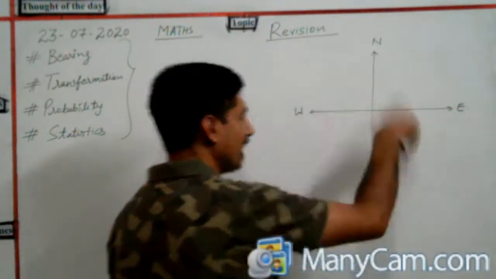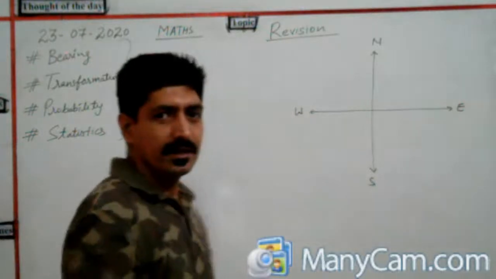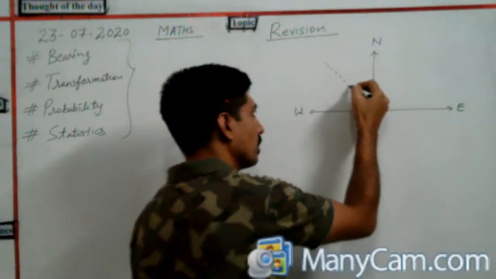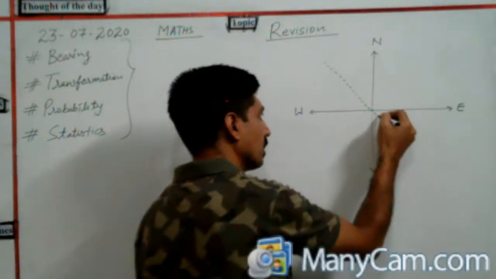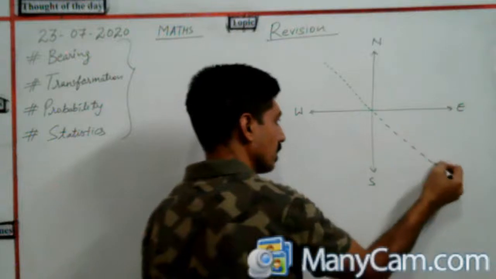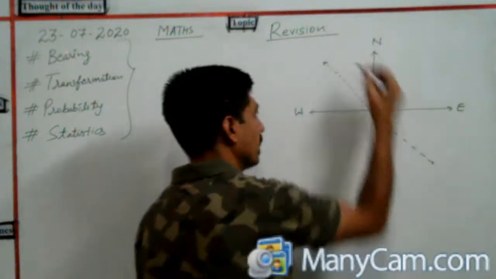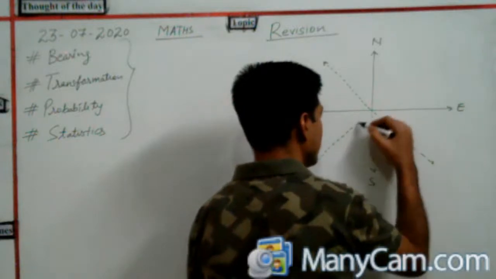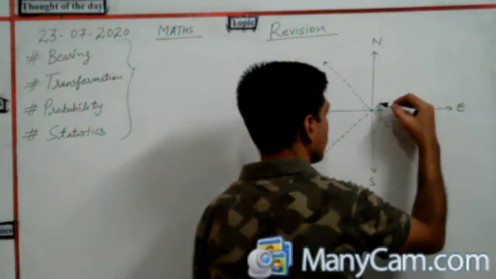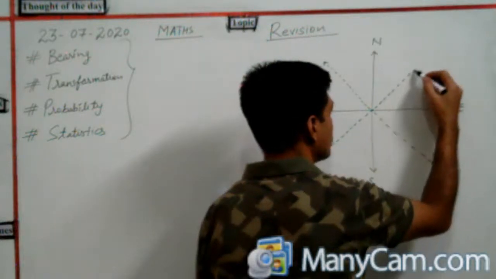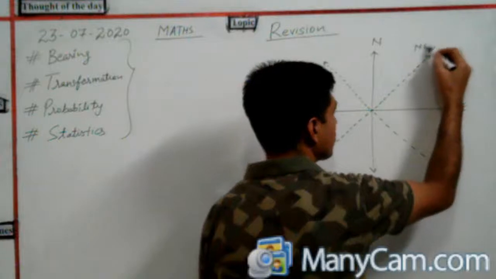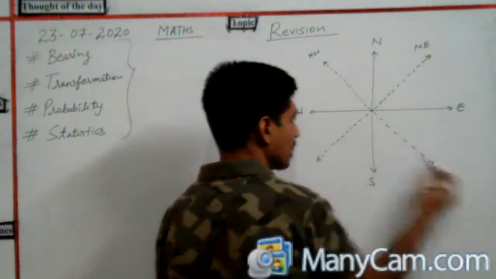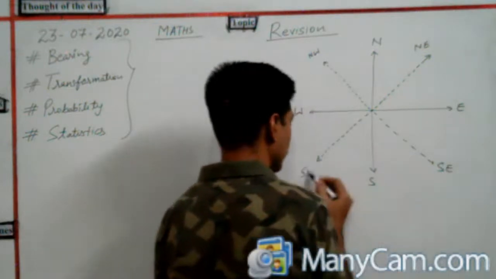And if we go clockwise or anti-clockwise, we divide these into four more parts, so we have these eight directions. This is northeast, this is northwest, this is southeast, and this is southwest.